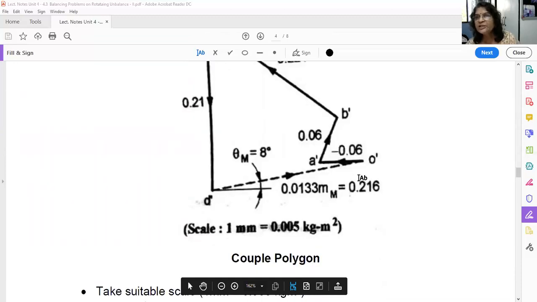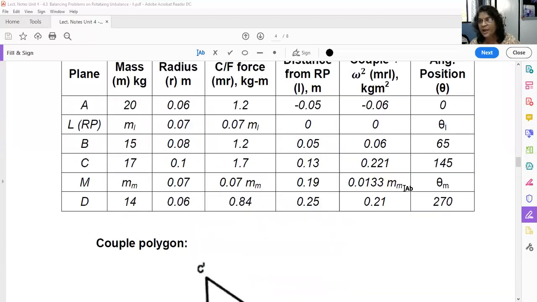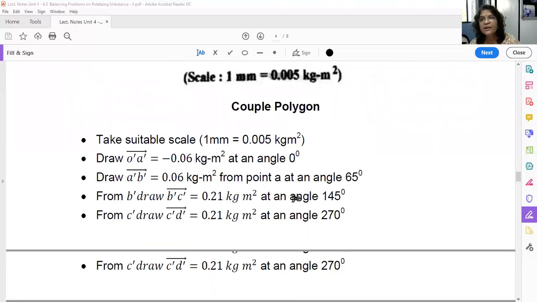Your initial point is O dash. Your final point is D dash. This is an open polygon, but your system is a completely balanced system, so you must get a closed polygon. So join D dash to O dash, and this is nothing but representing the unknown couple magnitude. So the magnitude of the unknown couple is 0.0133 m. Write it down here.